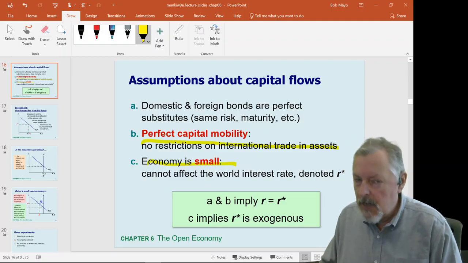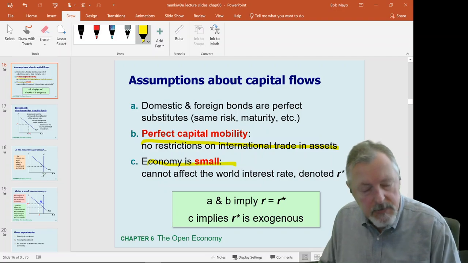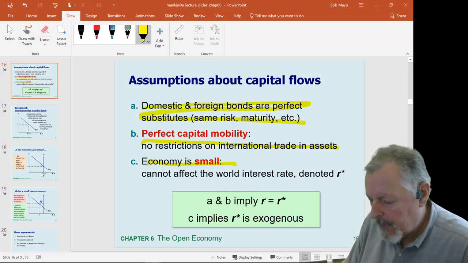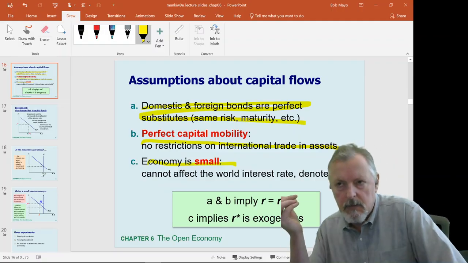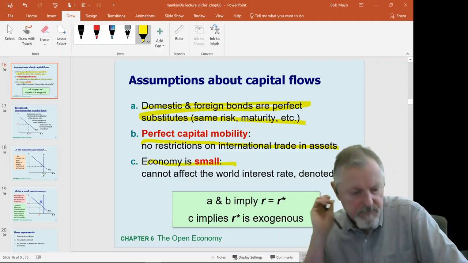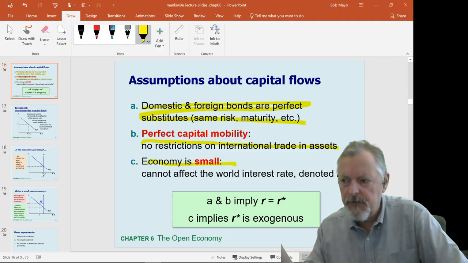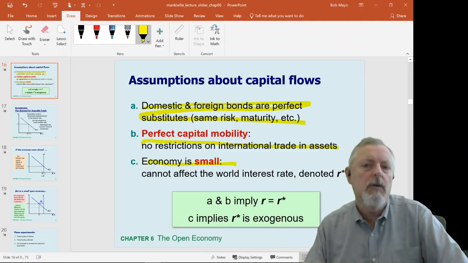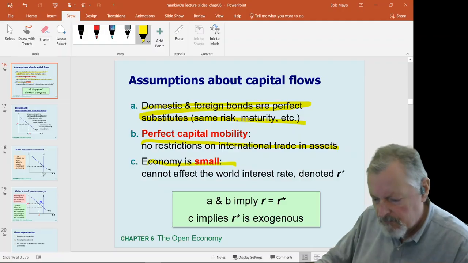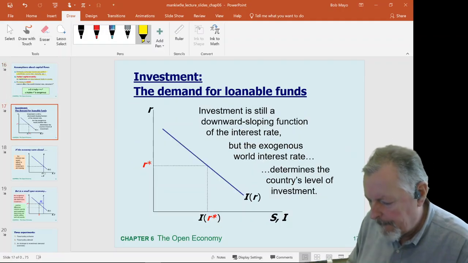That is definitely not true about many countries. And we're assuming that there is no risk premium. An investment here, an investment in another country, they're all identical. Equal risk, equal terms, everything. Okay.